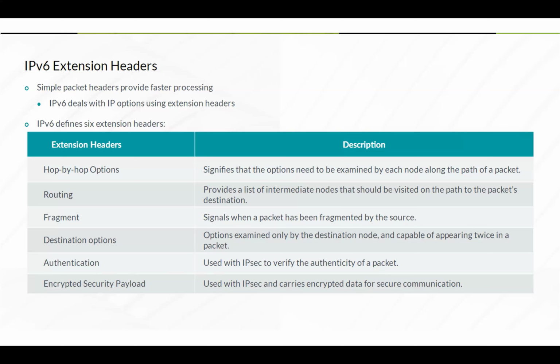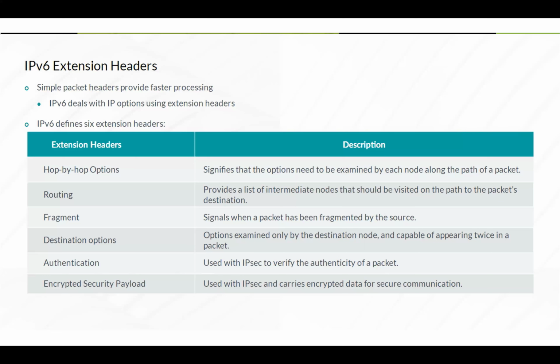Okay. Fragment. It signals when a packet has been fragmented by the source. You can fragment your packet or not fragment your packet. That will be added in the extension header. You know, this basically depends on the interface MTU.